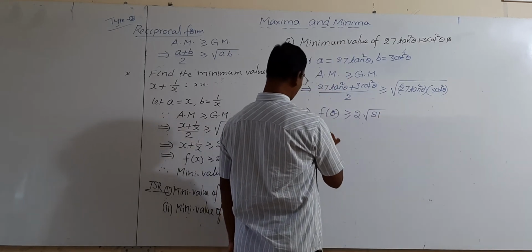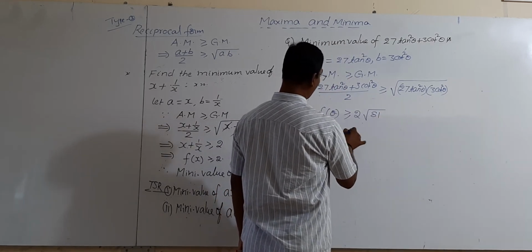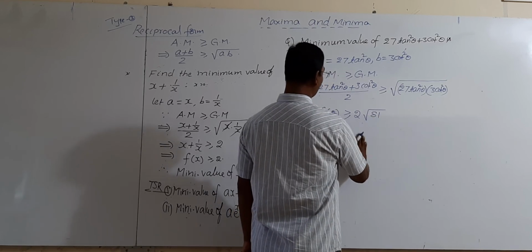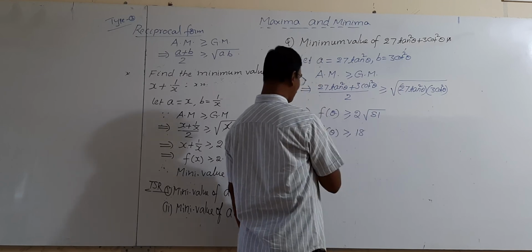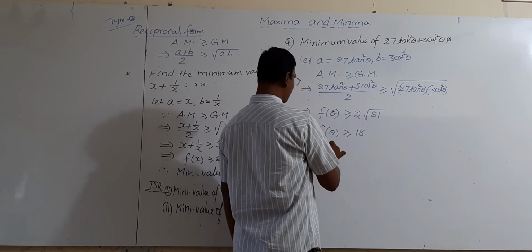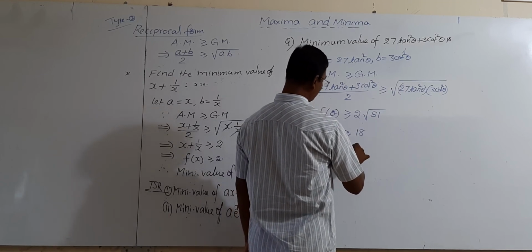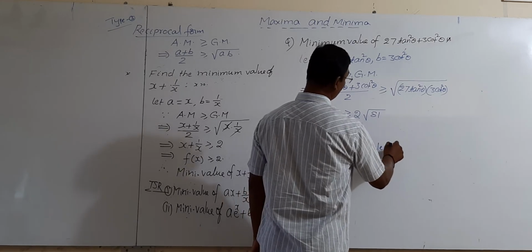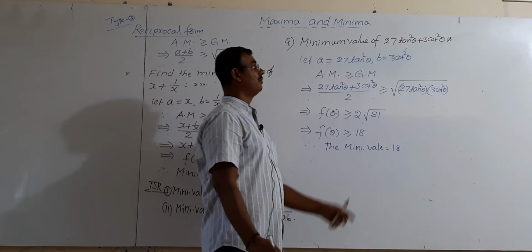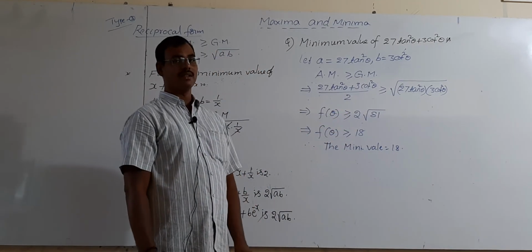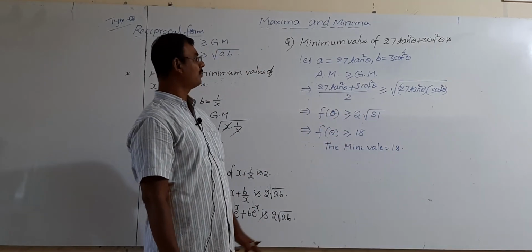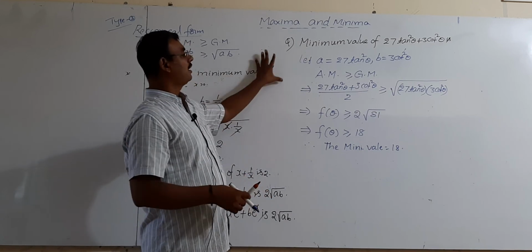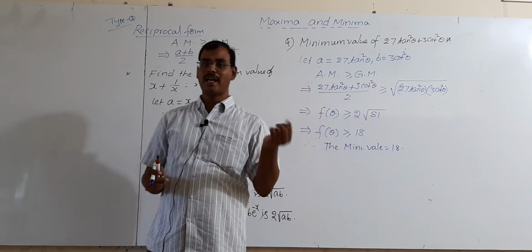This implies f(theta) is greater than or equal to 2 into 9, that is 18. Therefore, the minimum value is equal to 18. What is the minimum value of this function? 18 is the answer.